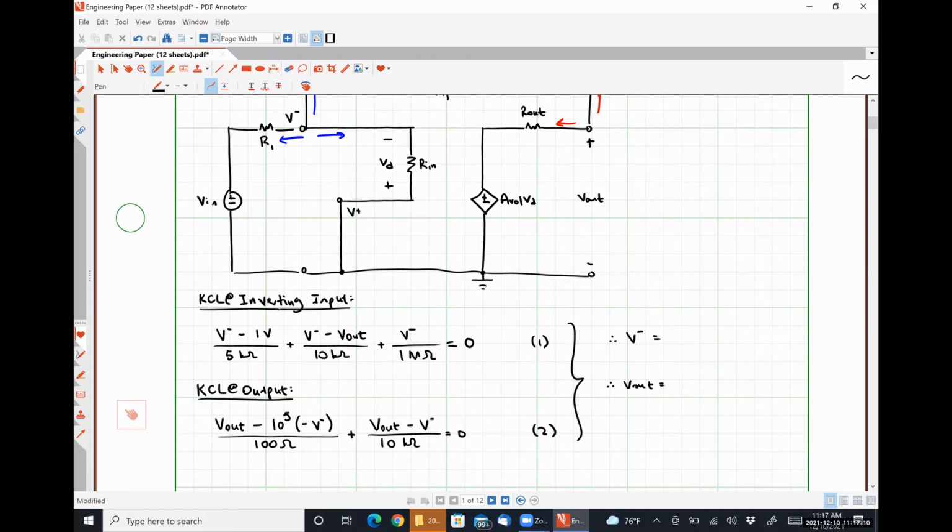So if we solve this, I got a voltage of 20.199 microvolts for V minus and a voltage of negative 1.9999392 volts for V out.